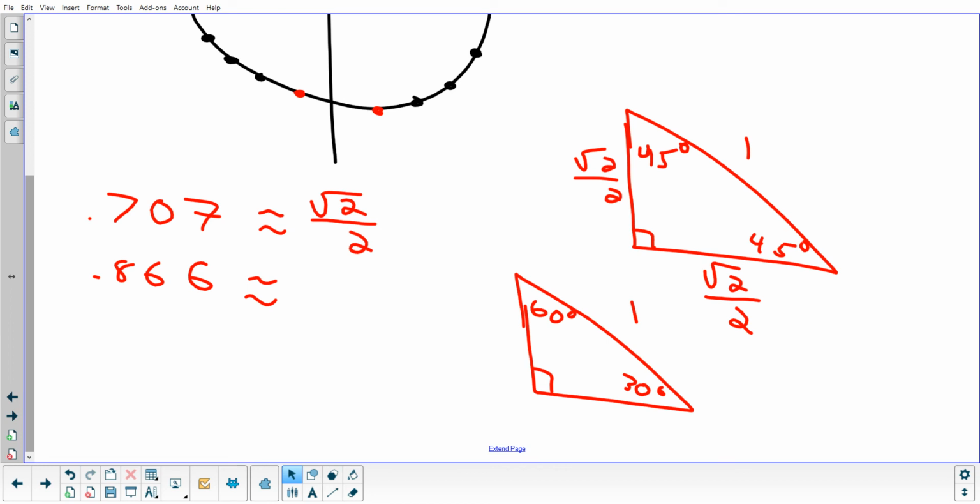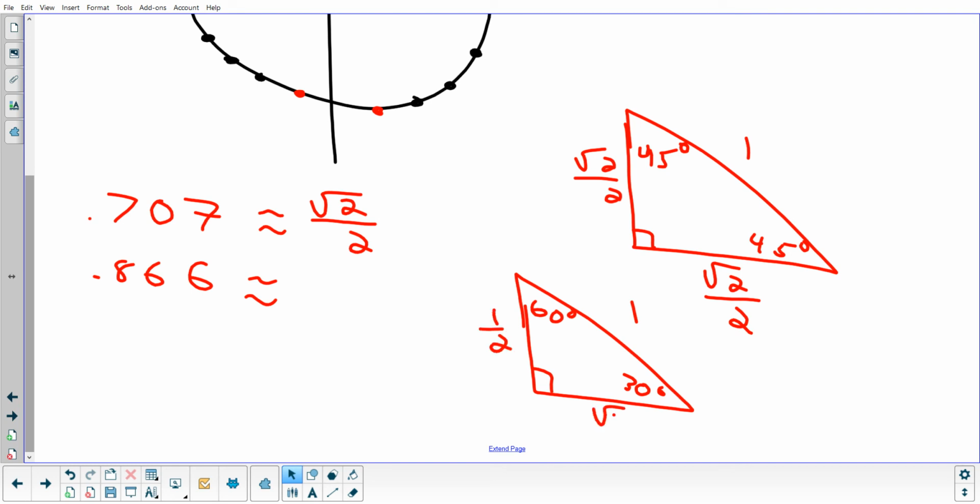Well, the hypotenuse is 1, so it has to be smaller than that. How about, does anyone remember the other square root that was involved when you do the 30, 60, 90 right triangle? Square root of 2 is involved with the 45, 45, 90. But square root of, yeah? Square root of 3 over 2. Yeah, square root of 3 is involved here.